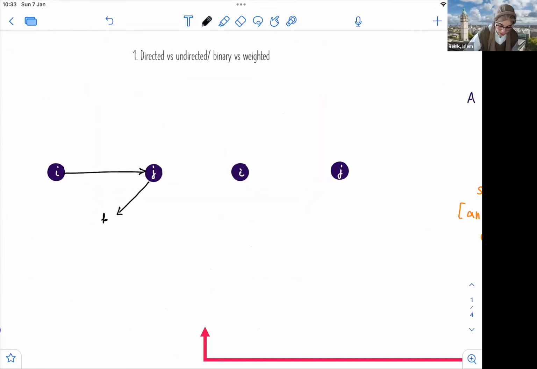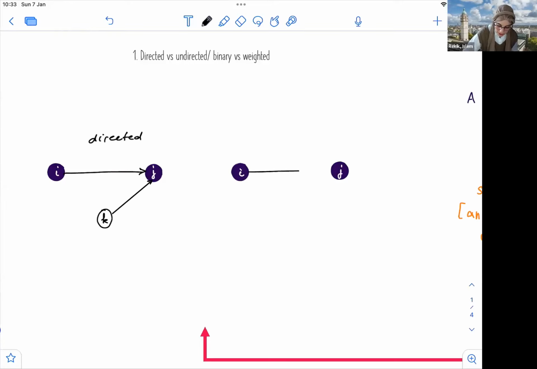So I can add the node K, and you can see that in this case we have this kind of directed graph. We can also change the directionality. It means that K connects to J, but J doesn't actually connect to K in the opposite direction. So it's K that connects to J in a particular direction. So that's a directed graph.